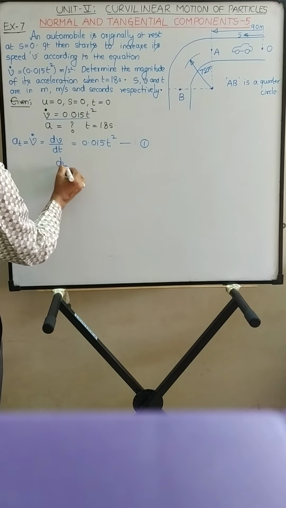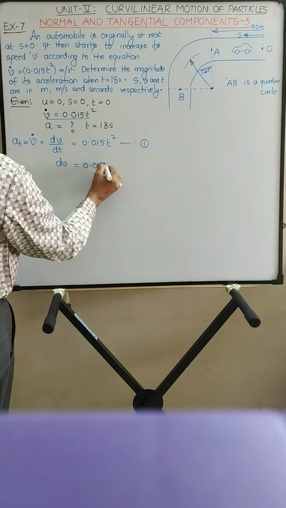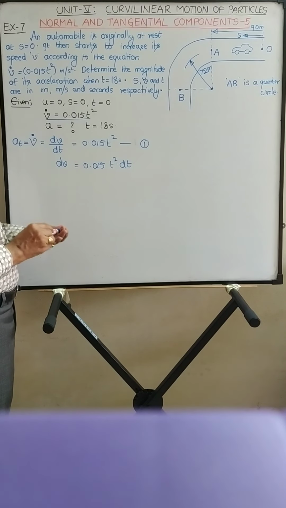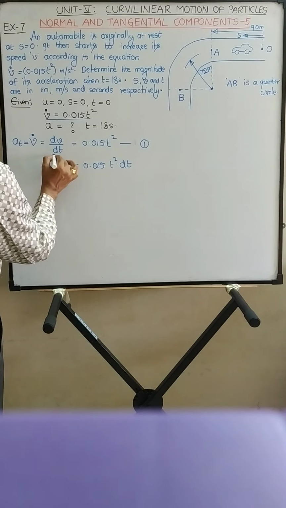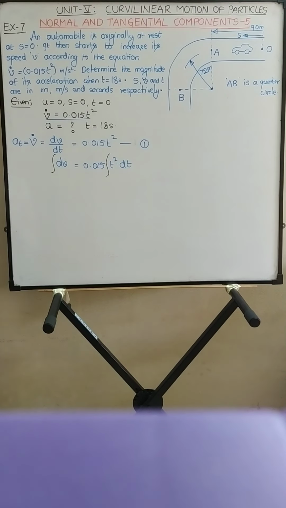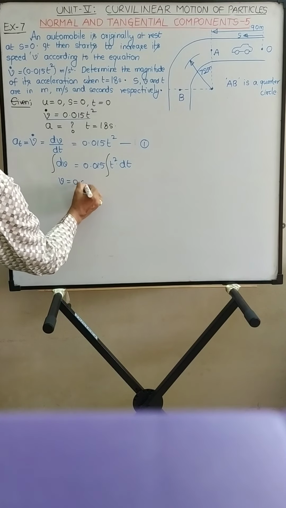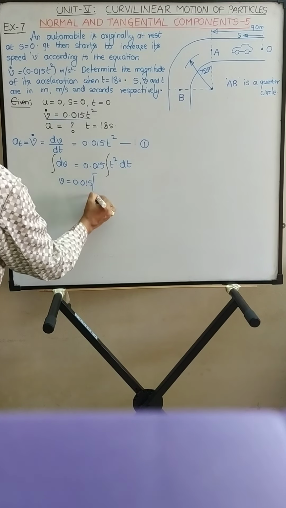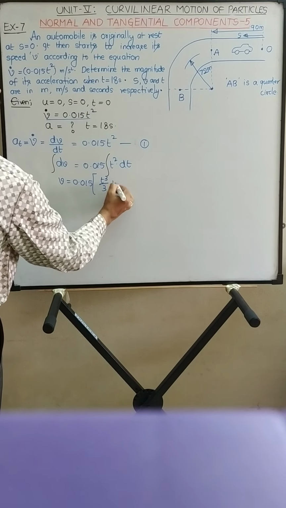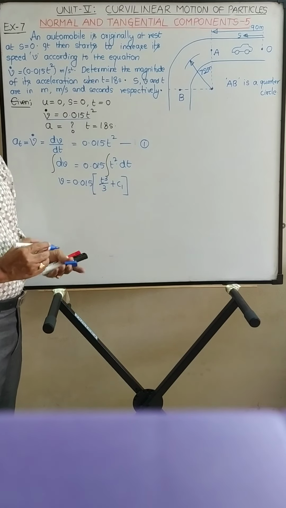Now dv is equal to 0.015 t square into dt. Now integrating this equation, we get v is equal to 0.015 into t cube by 3 plus c1. c1 is the constant of integration.